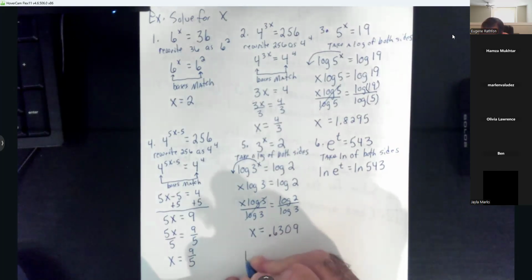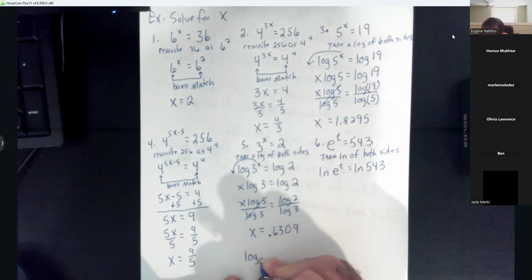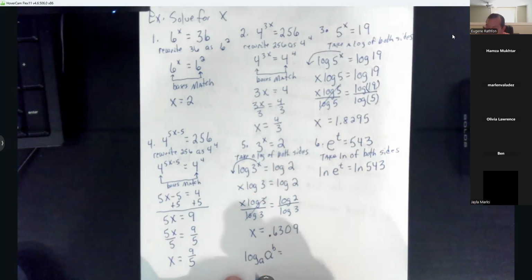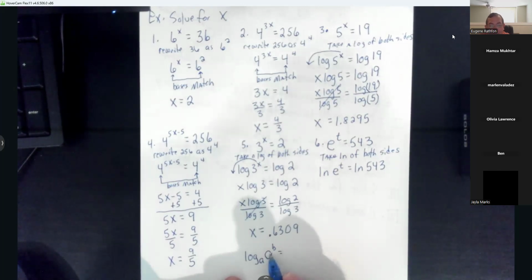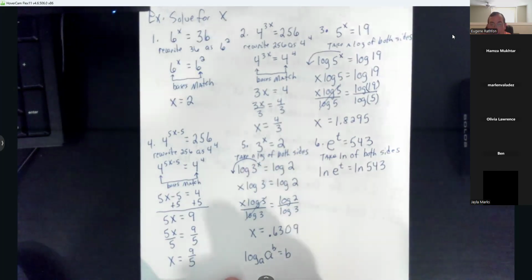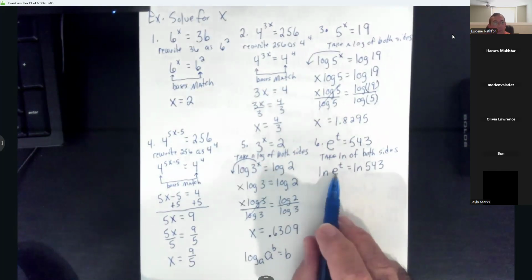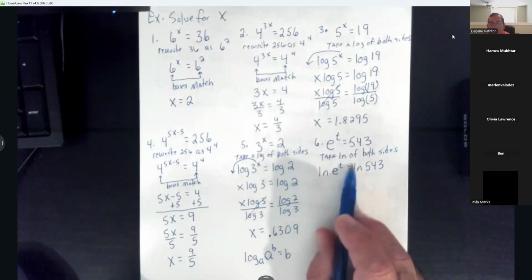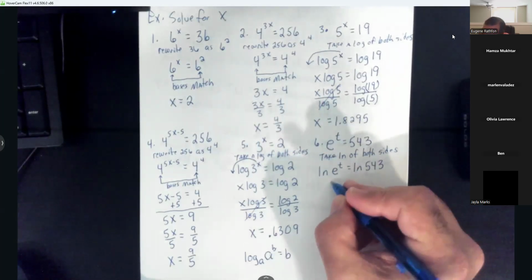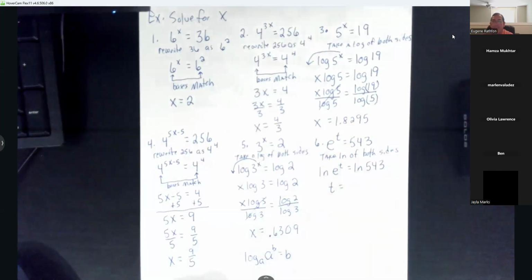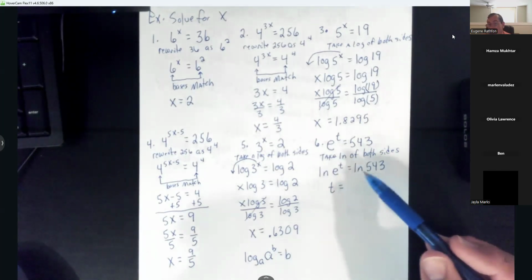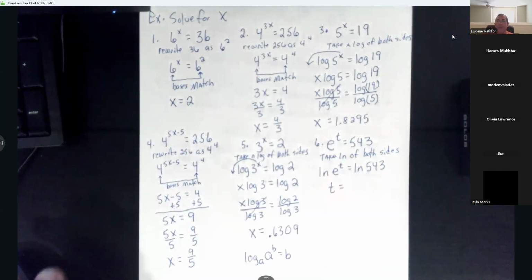We had a property that says log base a of a to the b, if that log base matches the base raised to an exponent, this whole thing equaled the exponent. Well, that's what I got going on here. A log base e of e to the t. This whole side is only going to equal the t. So to finish this out, all I got to do on this problem is take the ln of 543.